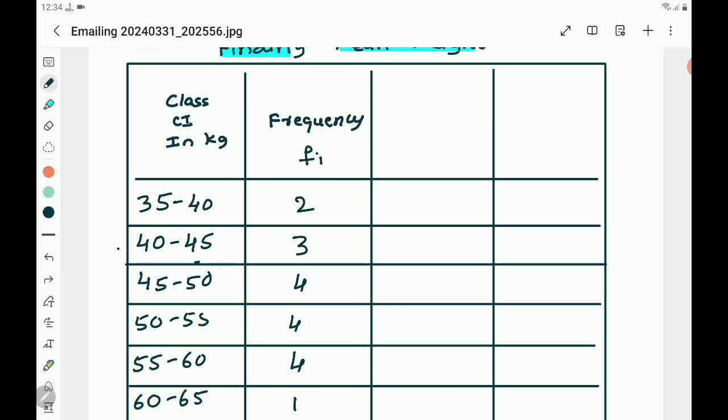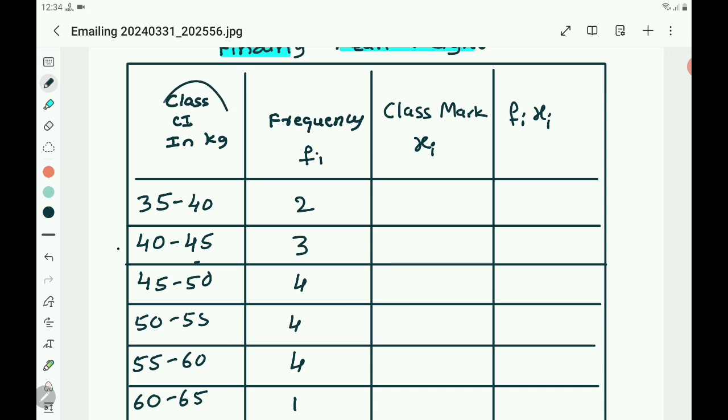The third column is for the class mark of the class, also called the midpoint of the class, denoted by the symbol xi. And the next one is the product of fi and xi, that is fi xi.